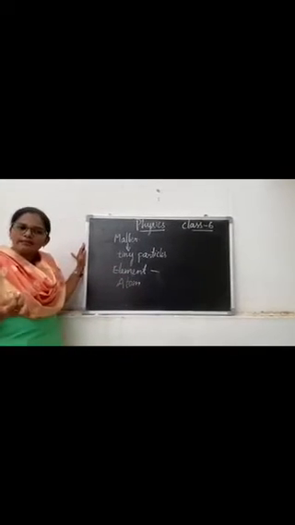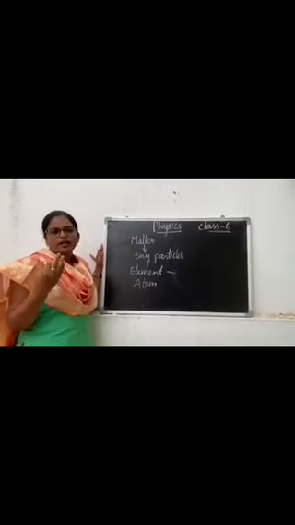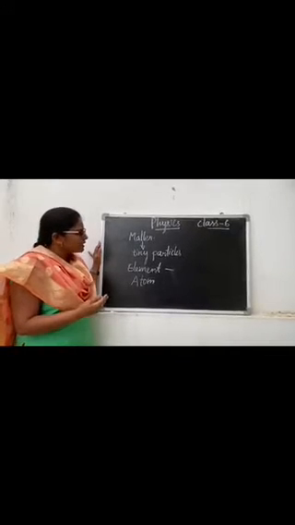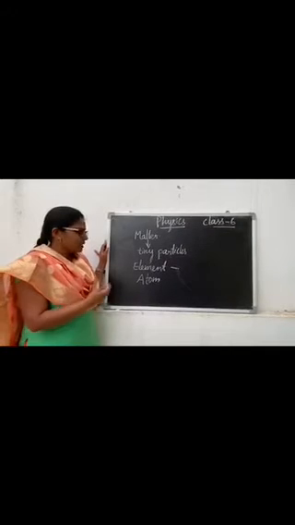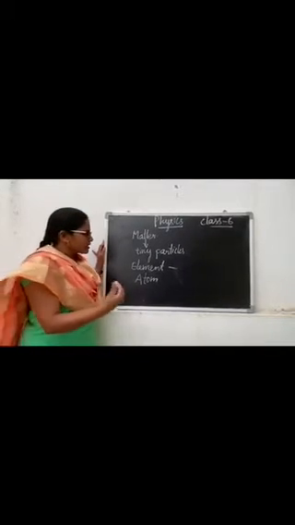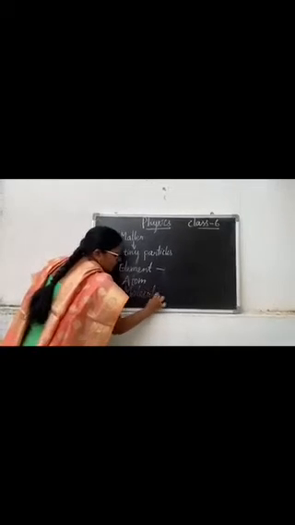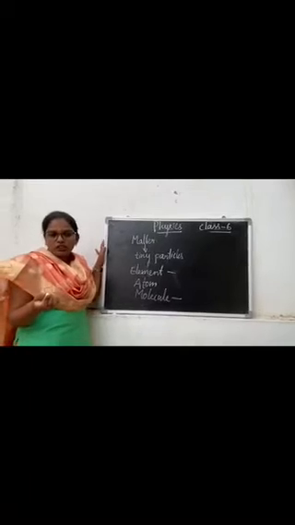What is an atom? It is the smallest unit of an element which may or may not have an independent existence but always takes part in a chemical reaction. And next, you have studied the molecule. Do you know what I mean by a molecule?